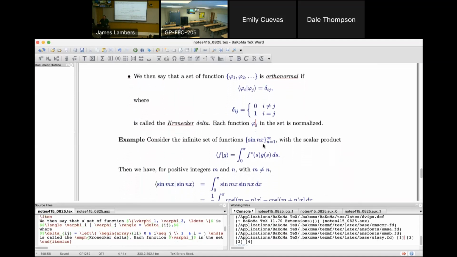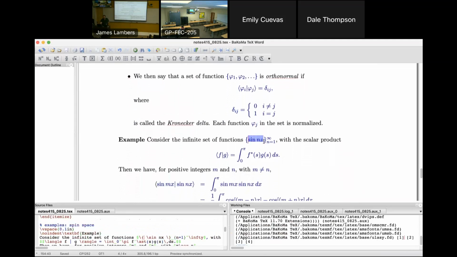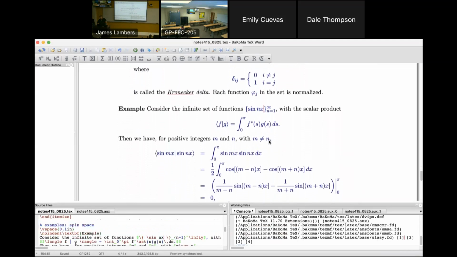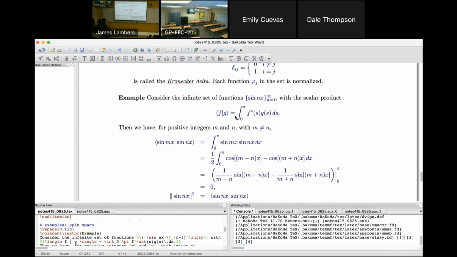As an example, suppose we're working on a Hilbert space of functions on 0 to pi. These functions, sine nx, where n is an integer, are actually orthogonal. Here's our scalar product, with no weight function, so the weight function is 1, and we have the integral from 0 to pi.